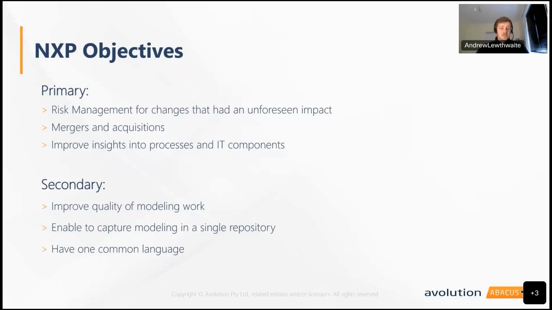Their secondary objective was actually improving the quality of the work that they already produced. Like most organizations, they were doing something, whether it was PowerPoints or Excel spreadsheets, they were modeling something to do with their organization, but they really just wanted to make sure that there was a single repository for this. And quite importantly here is to have a common language across the organization. And we'll come back to this later on as well.